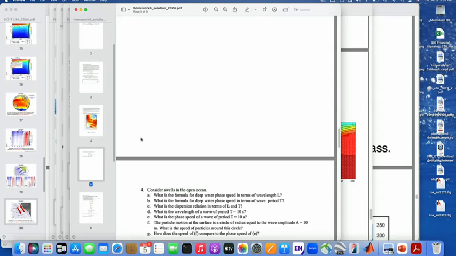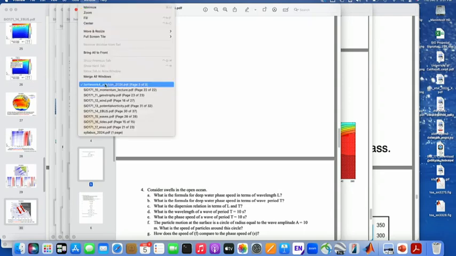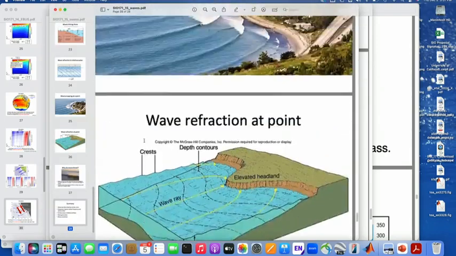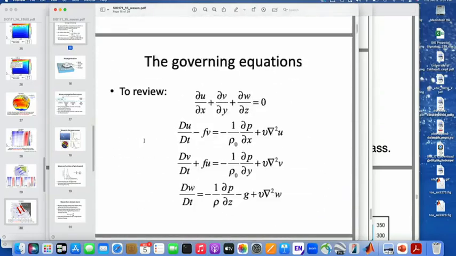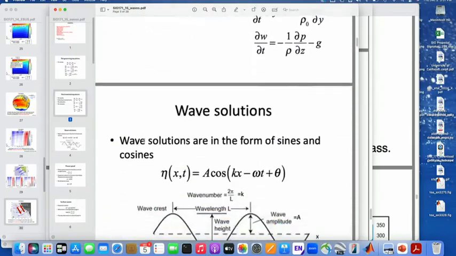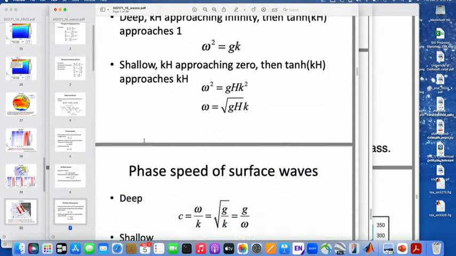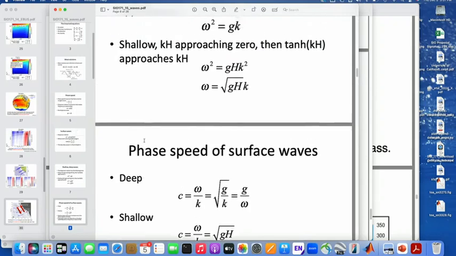Do you want to give it a shot first? Let's look back at the waves lecture. I was asking for phase speed? Okay, so just C equals L over T. Was I saying deep water waves?